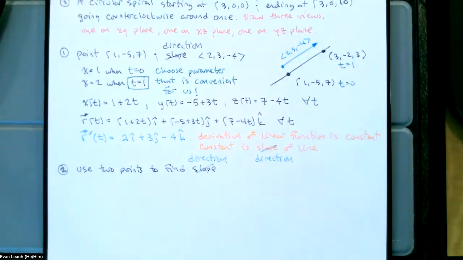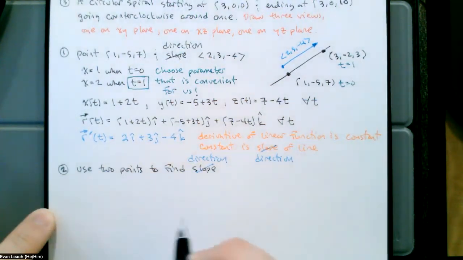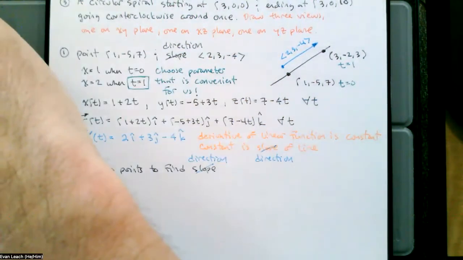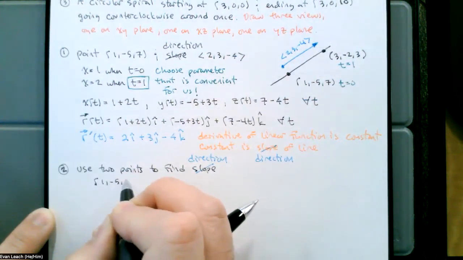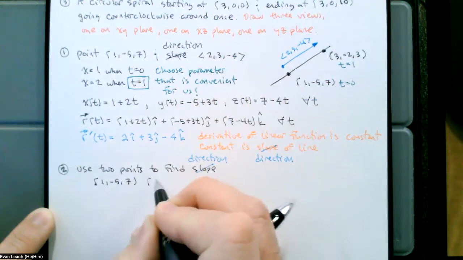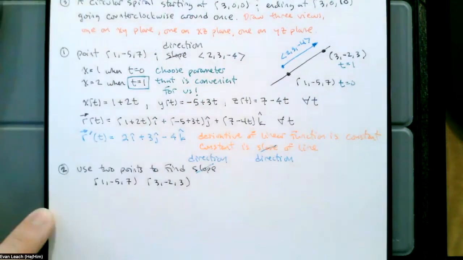So back in elementary algebra, if I said find the equation of this line and I gave you 2 points, you would start off by finding the slope of the line containing those 2 points. You would use the 2 points to find your direction. So we have the point (1, -5, 7) and the point (3, -2, 3).